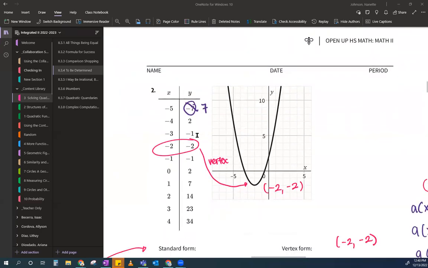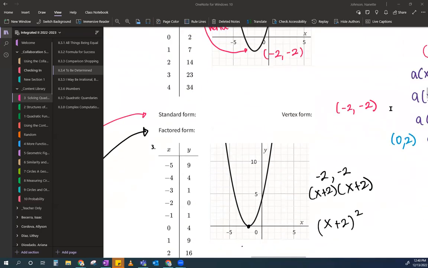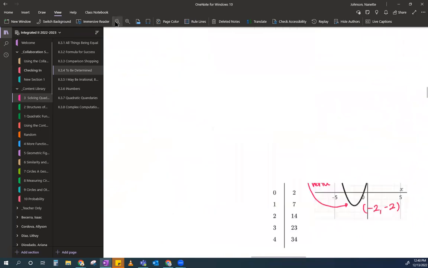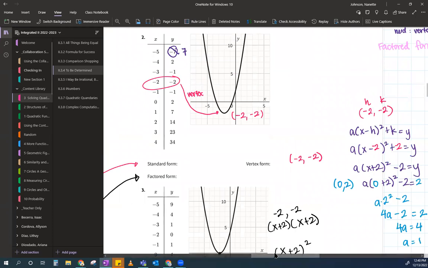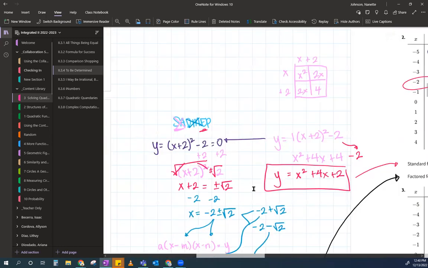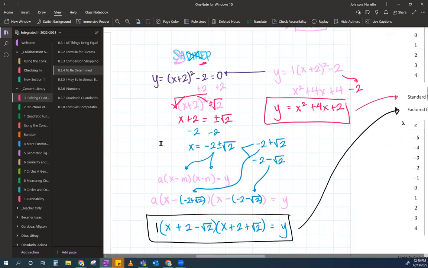Okay, so here we did the same exact thing. We use the vertex to build the vertex form, which is right here. Well, here's A. Oh, it must be to the right a little bit. And then we grabbed the factors and we were able to write the factored form and the standard form.